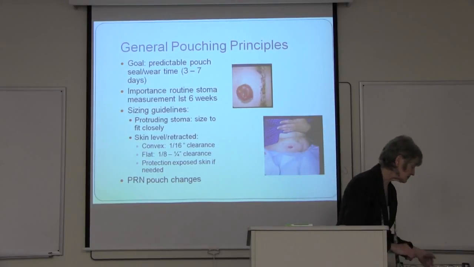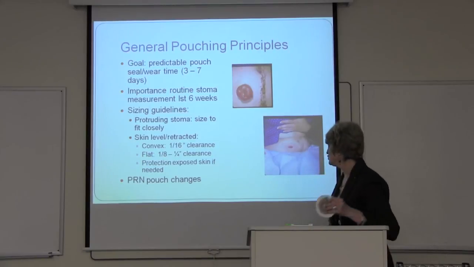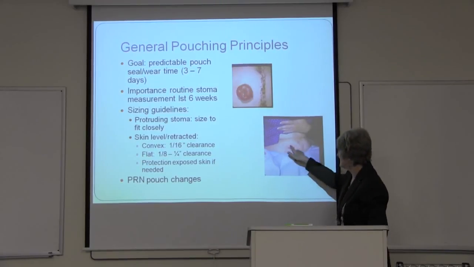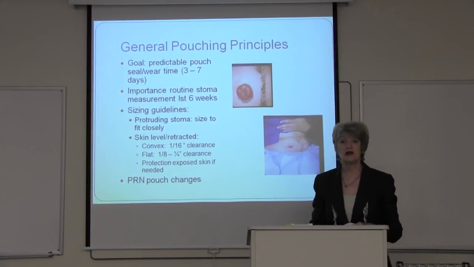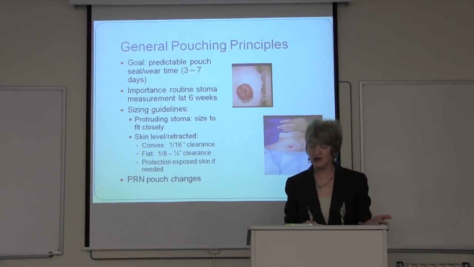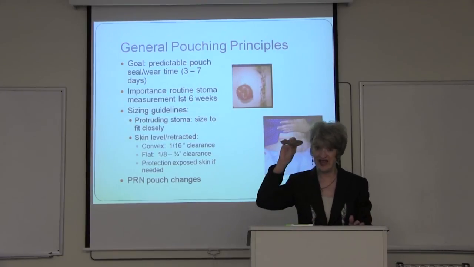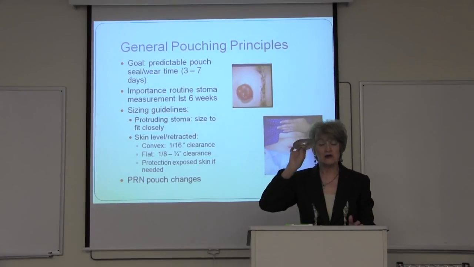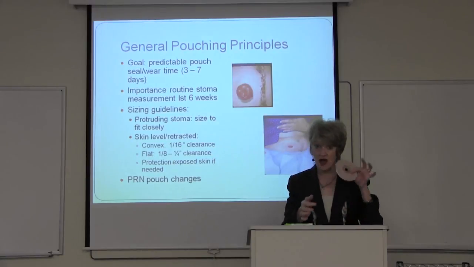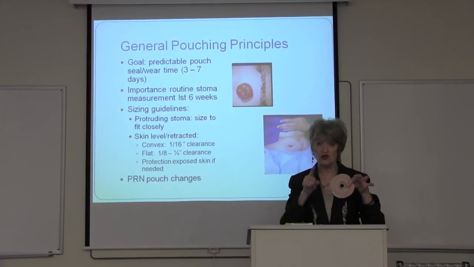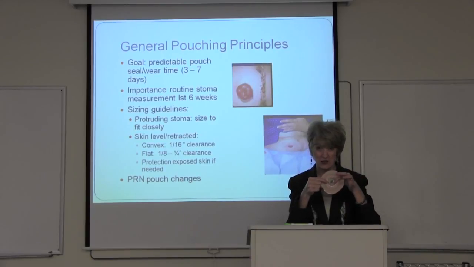However, if I have a stoma that is skin level or retracted, and it's also in a deep crease or adjacent to a deep crease, and I'm unable to use convexity and I have to use a flat pouch, that is not going to give you support, so you need to create a larger opening. You need at least 1/8 of an inch on each side of the stoma.